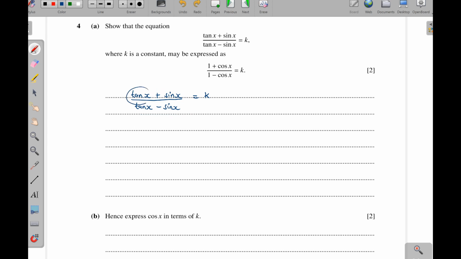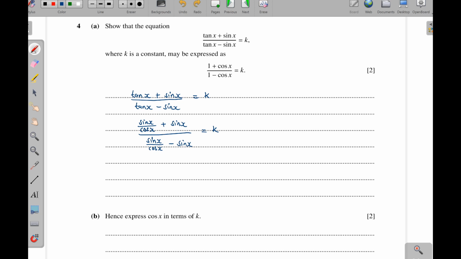Tan x is the same as sine x divided by cosine x. Then plus sine x here, then again sine x over cosine x minus sine x. So this is equal to k.